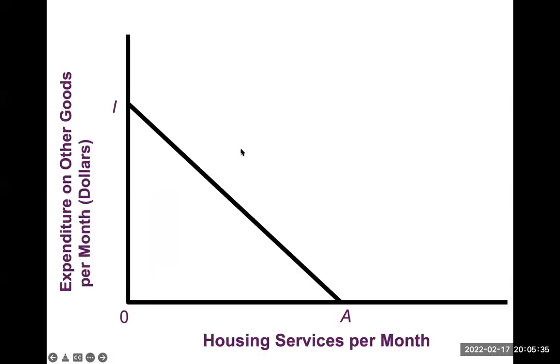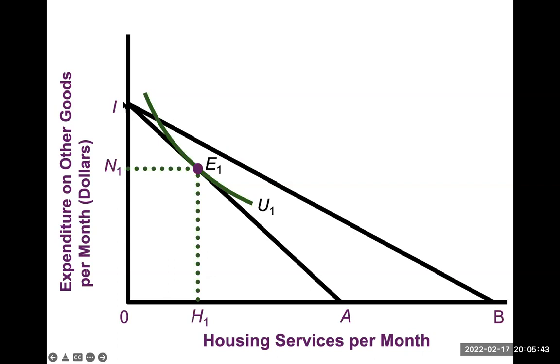Firstly, this is the budget line, because I changed the line OI and OA. This is the budget line IA. And then with the same I, these consumptions for the other goods, but housing services added AB. They get another tangent line, U2.